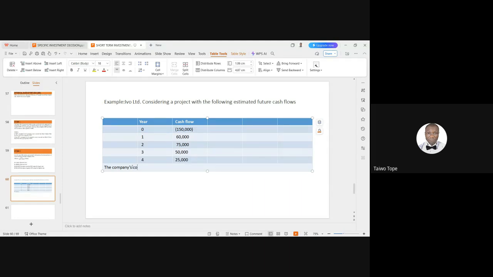The company's cost of capital is 10%. Required: What is the internal rate of return, IRR, of the project?